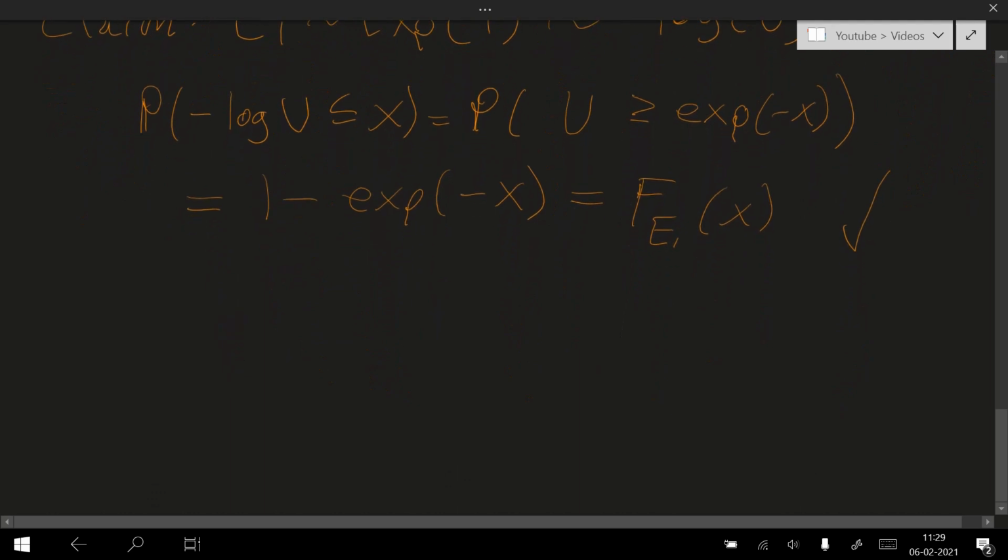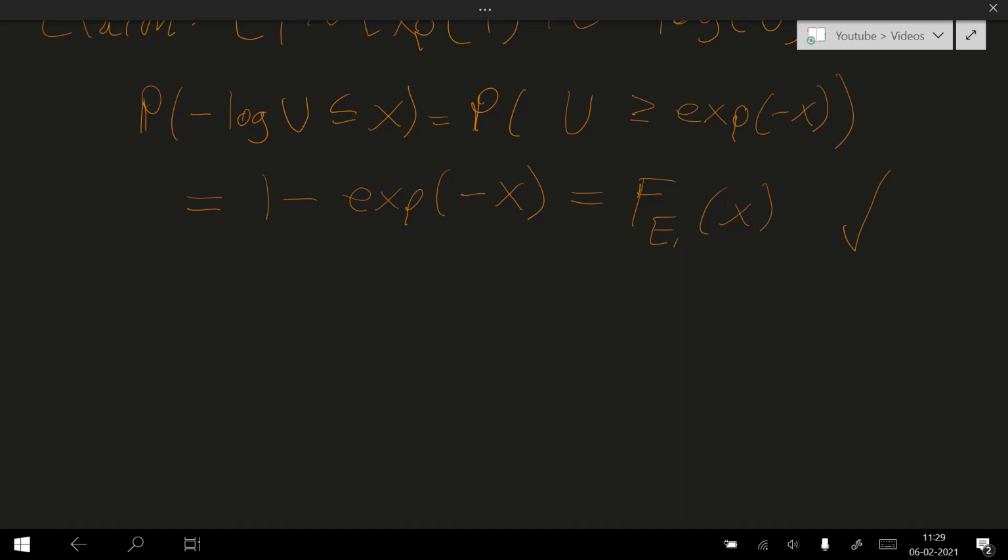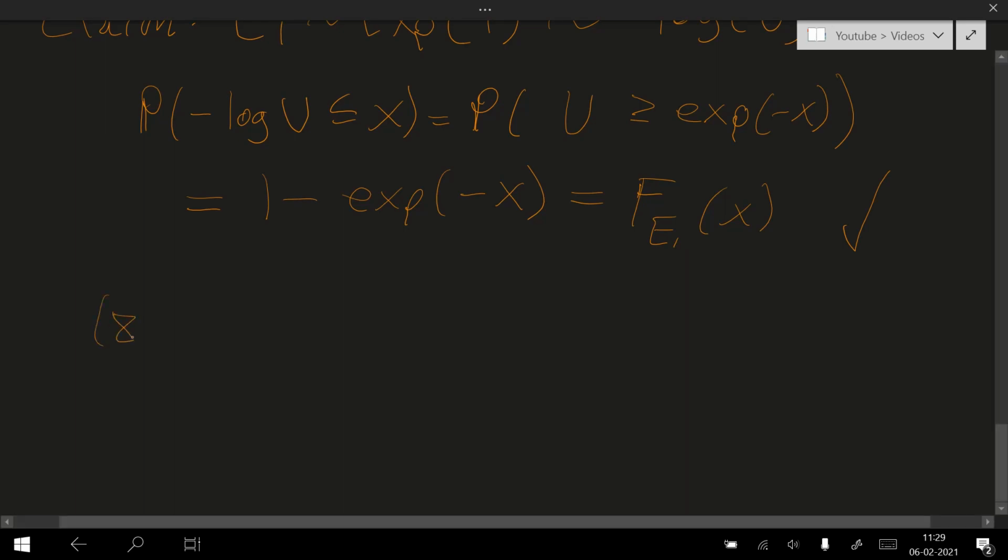Now, finally, we have that a pair x1, x2, where x1 and x2 are IID normal 0, 1, I argued in the Box-Muller algorithm, can be written as the cosine of theta, sine of theta, multiplied by square root of 2 times an exponential 1.